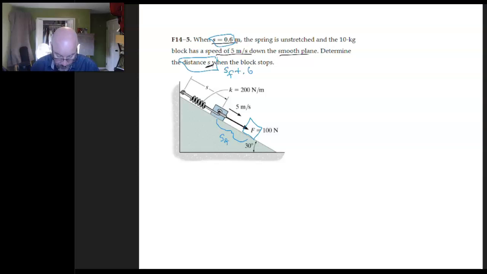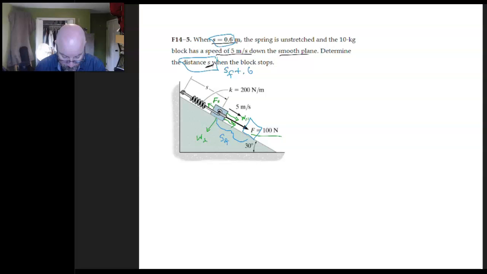Okay, and so let's think about what we've got for forces. The spring is going to be pulling back this way, Fs. So it's going to be trying to reduce the kinetic energy. F, obviously, here is going to be trying to increase it. We also have the parallel component of the weight in there.